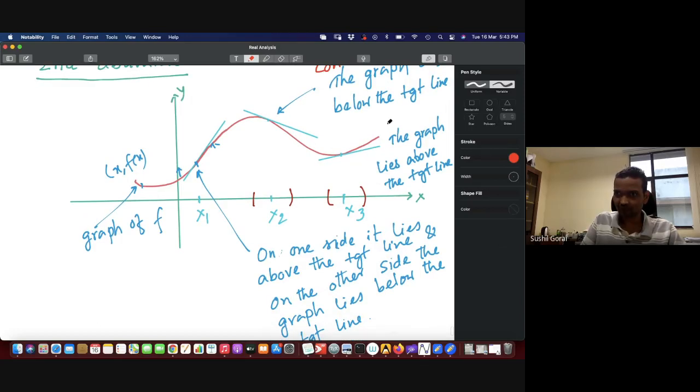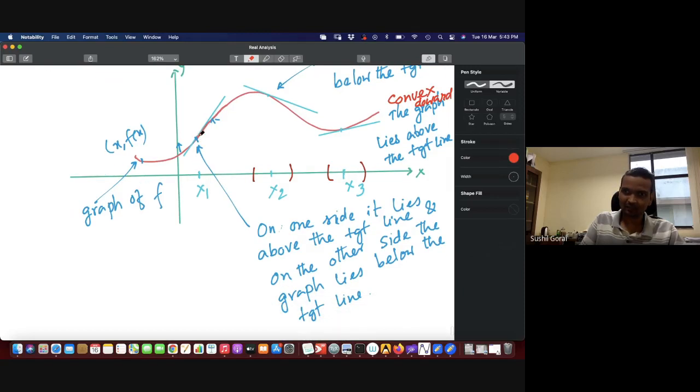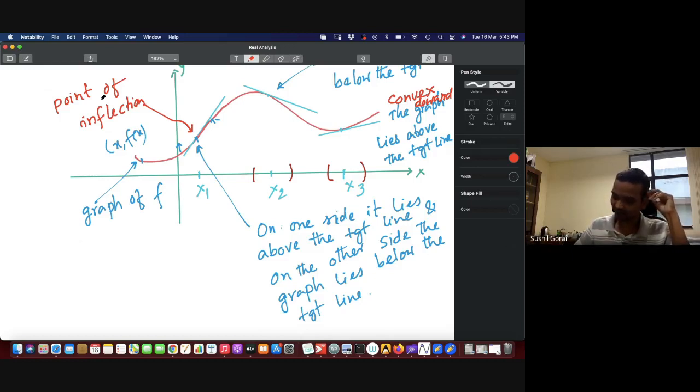Here, this is called convex downward. And this is a point of inflection. Are these terms clear? One is convex upward, the other is convex downward, and the other is a point of inflection.